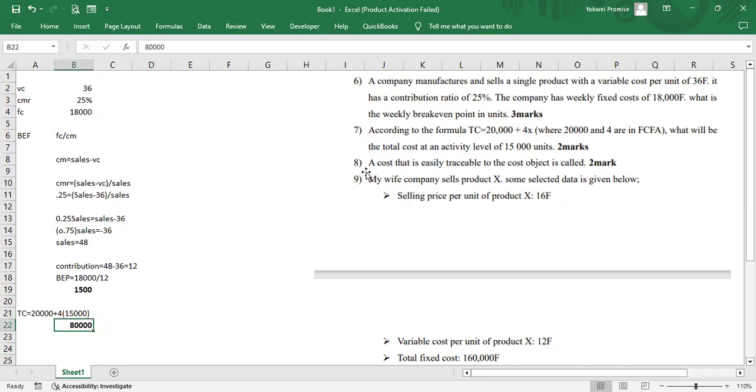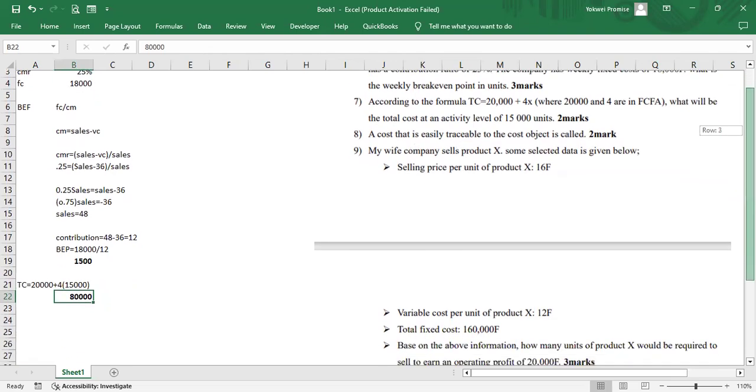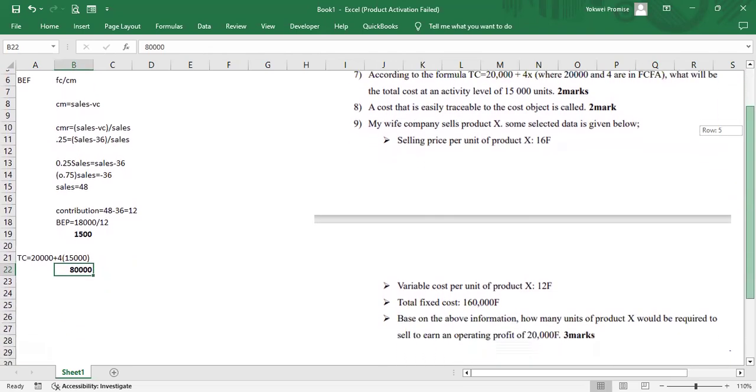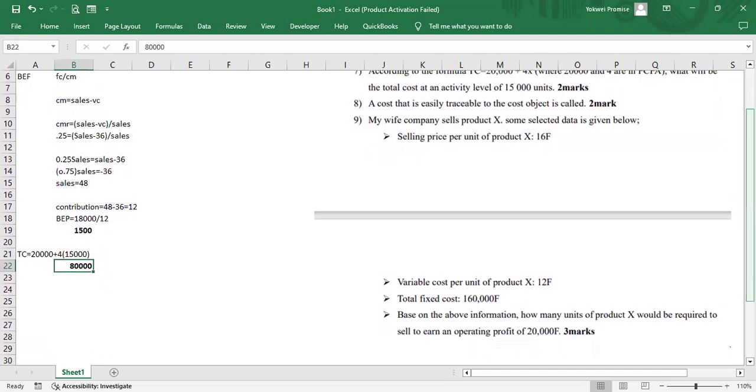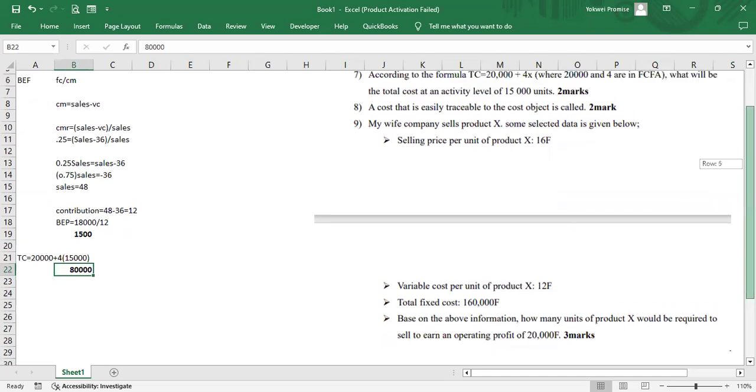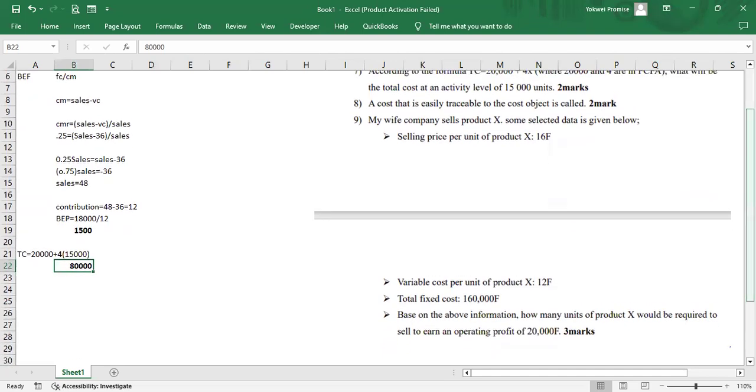And then number 8 goes: a cost that is easily traceable to the cost object is called which type of cost? Let's just answer since we are ready. Which type of cost is that? Are we together?